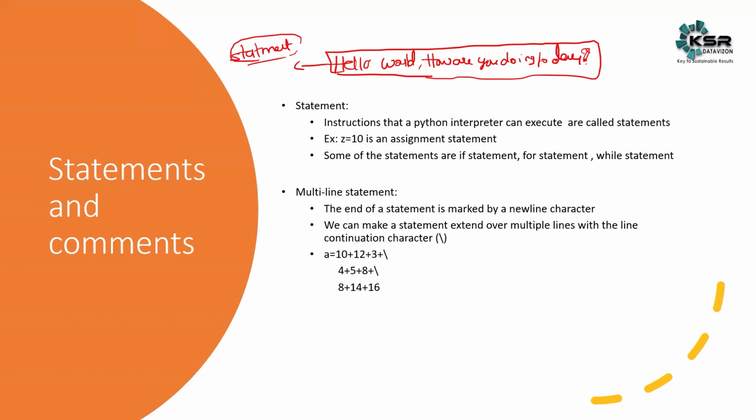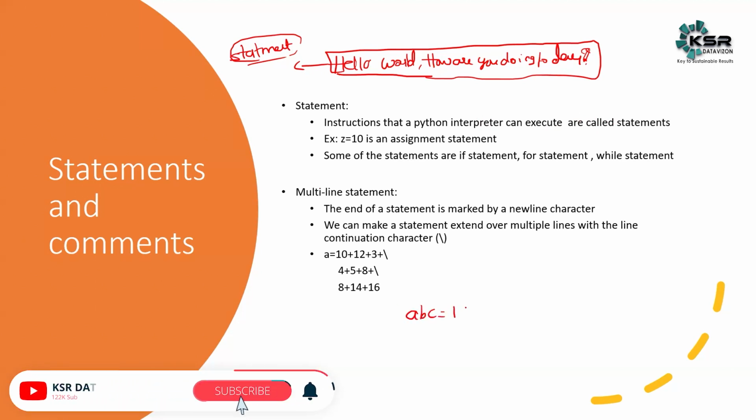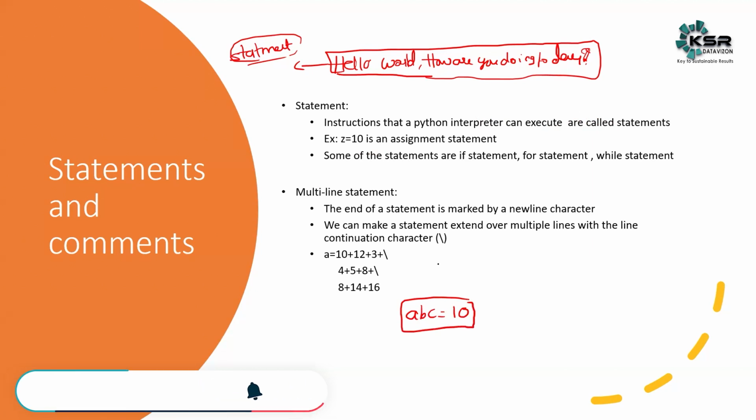In Python, what do you mean by statement? Statement means instructions that the Python interpreter, that means the Python executor, can execute is called a statement. For example, ABC is equal to 10. Here, what is the meaning of ABC? Can I say identifier?